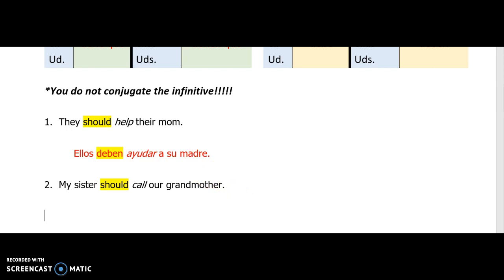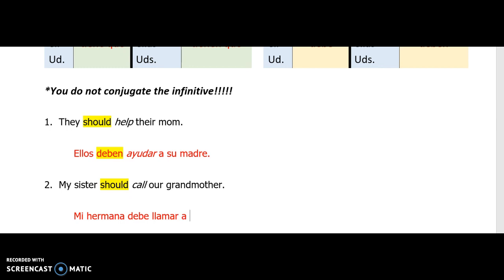Okay, let's try another should sentence. All right, so my sister, mi hermana, should, there's your verb deber, debe, regular old ER verb, call, llamar. Who are they going to call? Their grandmother. Once again, that is the object of the sentence.